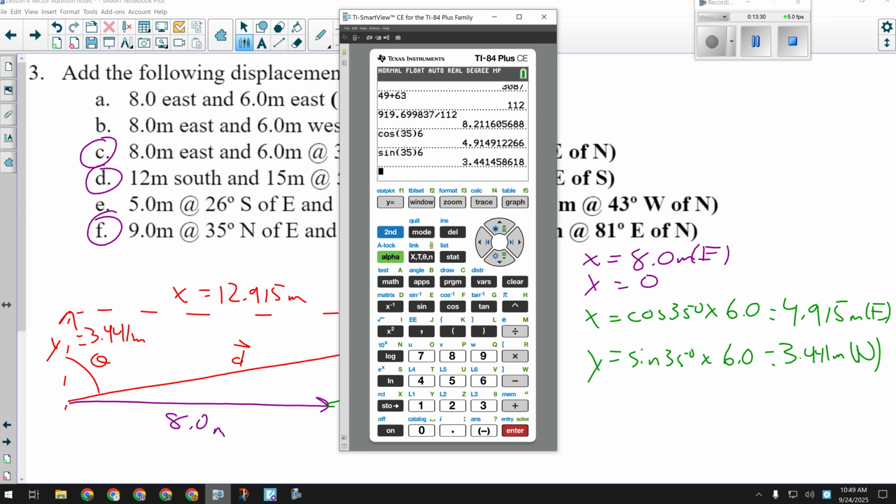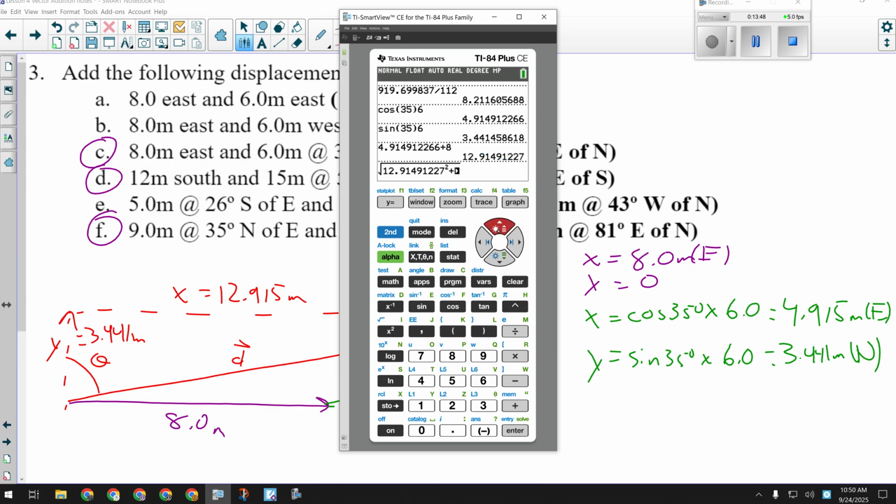Take that 4.91 and add it to 8, just so that we have it as an actual number with all the decimals. Then we'll go square root of that number squared plus that number squared, our Y component.